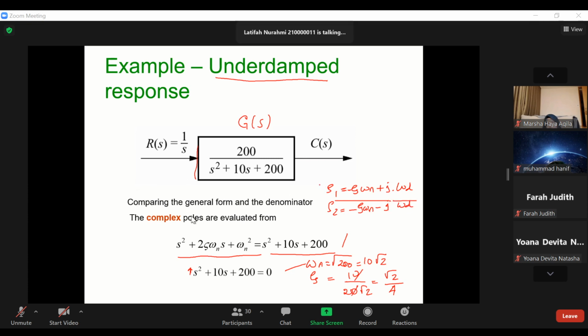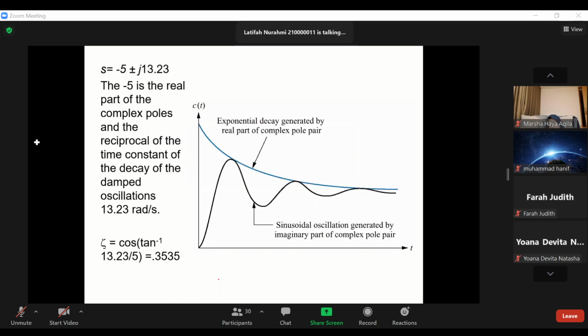You can find it by factoring, and if it's too difficult to factorize, there are many possibilities. I used to call it the ABC formula in high school: minus b plus minus square root of b square minus 4ac. You can also use this. Okay, so you find the poles.